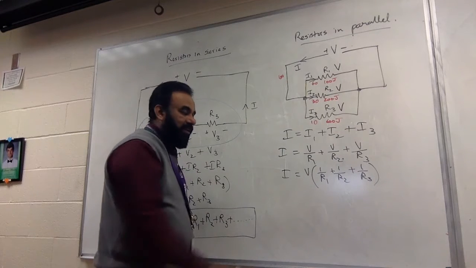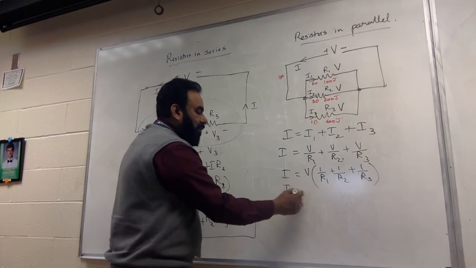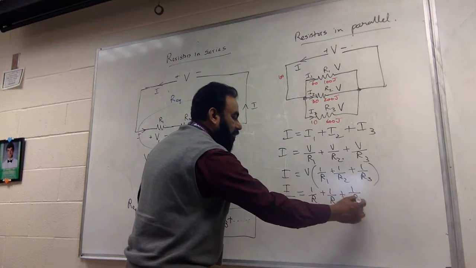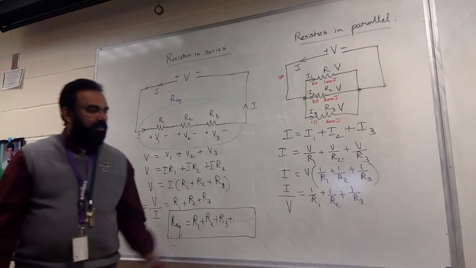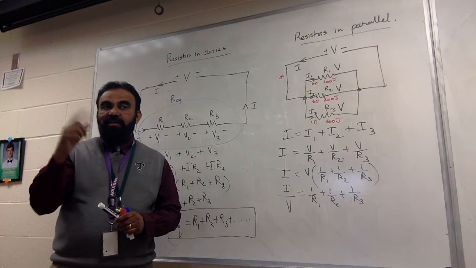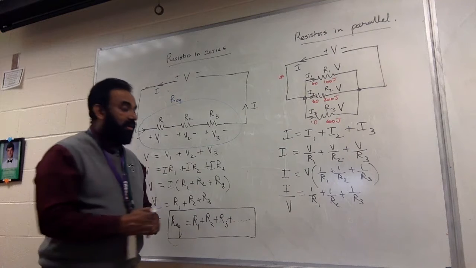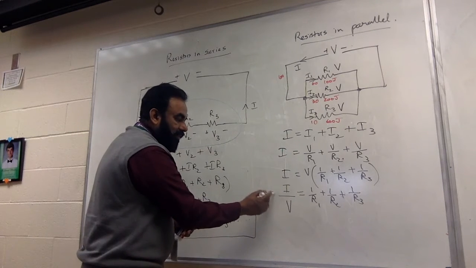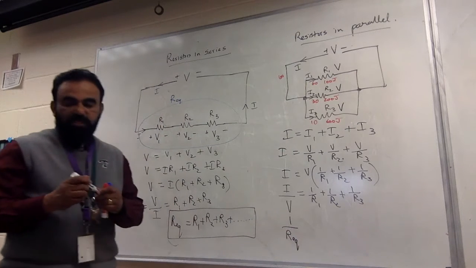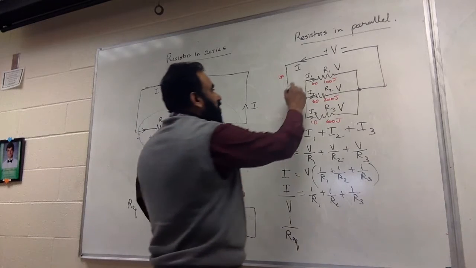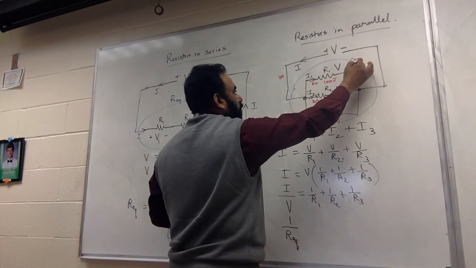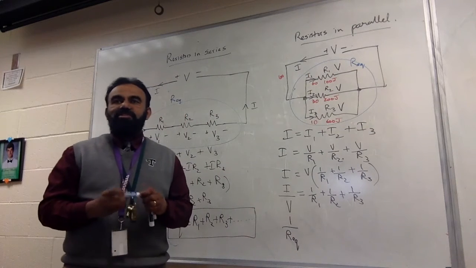Now if I divide throughout by V, I get I over V is equal to 1 over R1 plus 1 over R2 plus 1 over R3. What is I over V? V over I is R. What is I over V? 1 over R. So this is 1 over R equivalent. What is the meaning of equivalence again? What is one resistor that takes the entire thing and substitutes it? So what is one resistance that can just substitute for all the three?